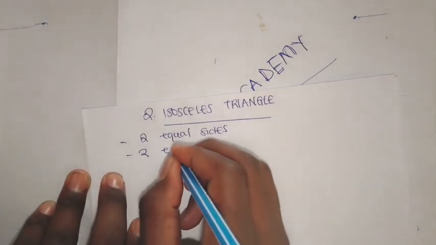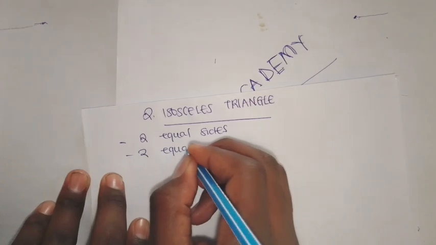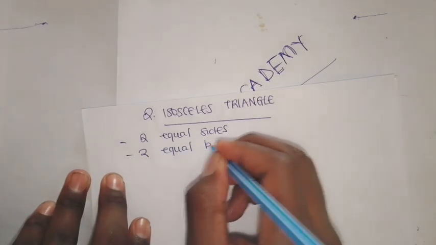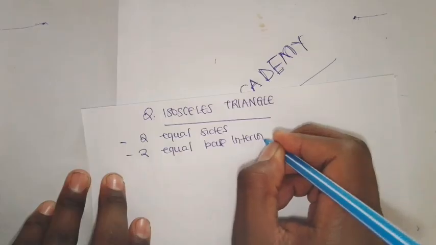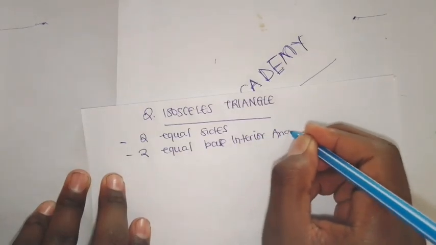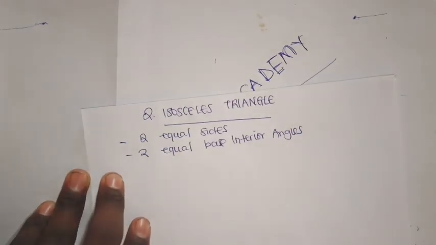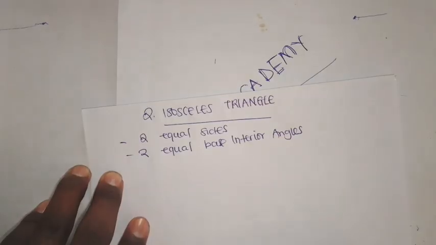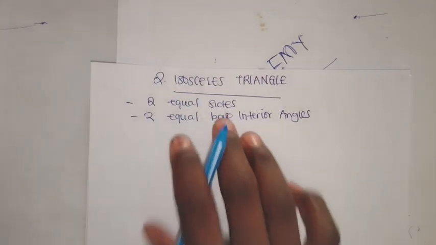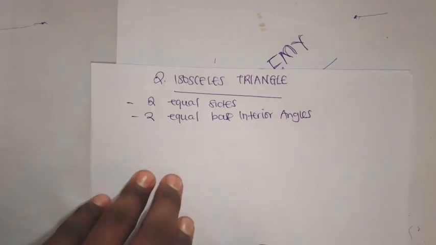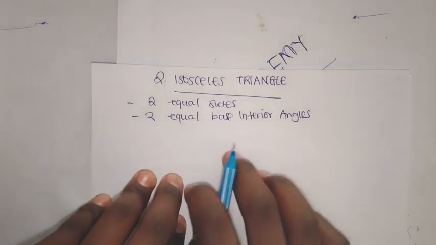Two equal base interior angles. How does it look like? From this description, I think you even have the picture of how this triangle looks like.